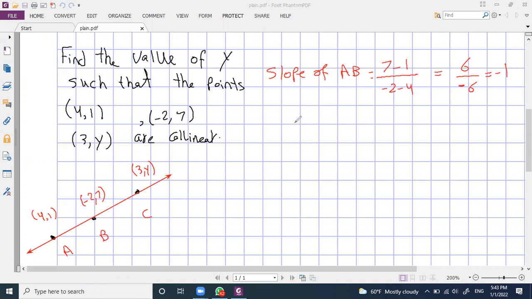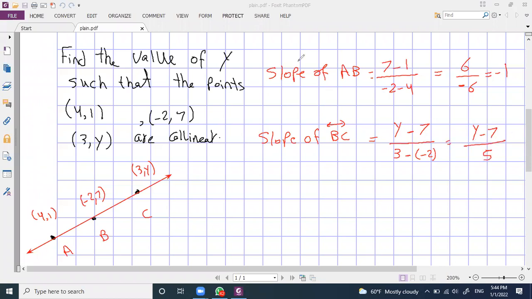And the slope of BC, how can we find the slope of BC? We can say y minus 7 over 3 minus -2, so it's y minus 7 over 5.